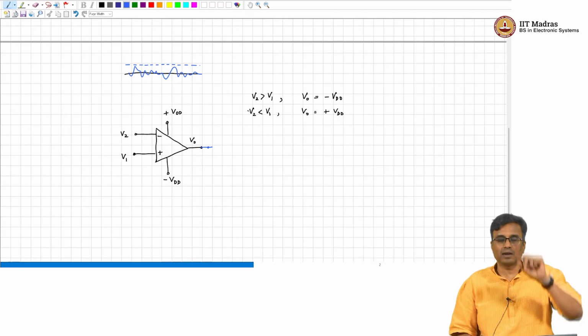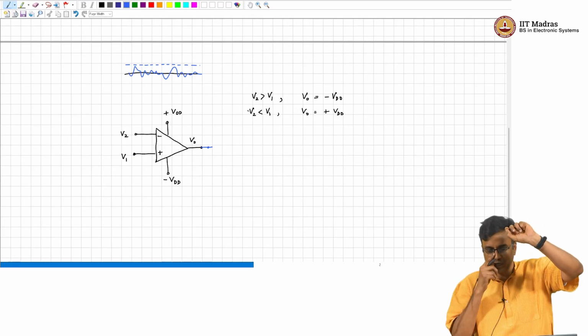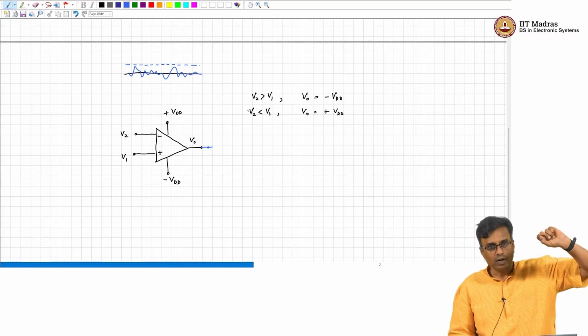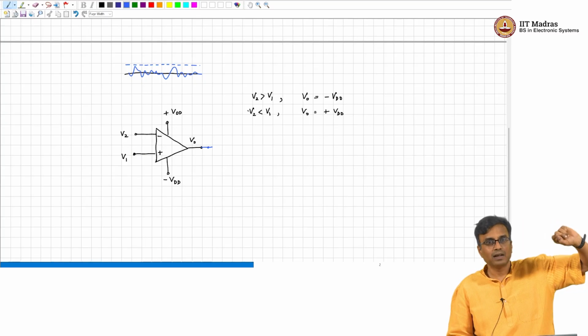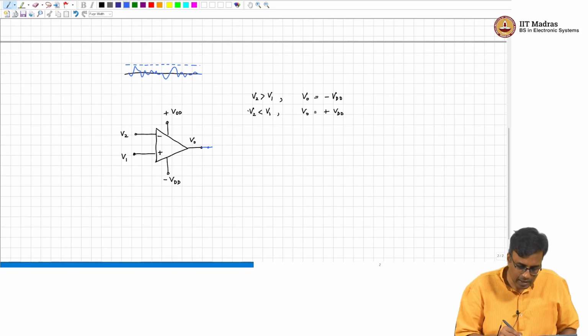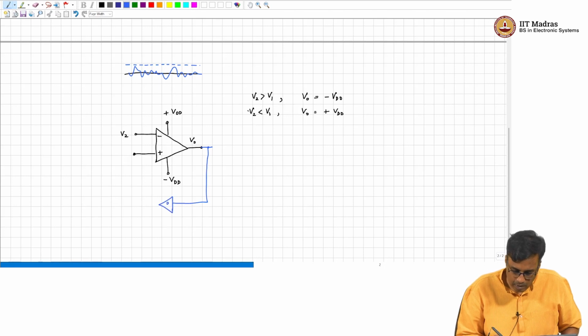Well, if the output is positive, then we must increase the threshold. So, you must feed back a positive quantity. What you could do is add f times the output like this.